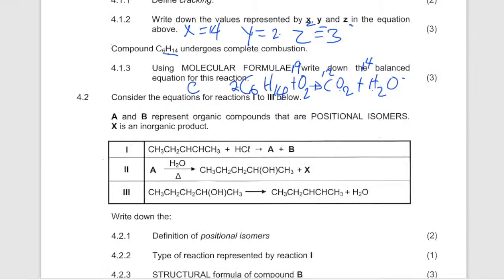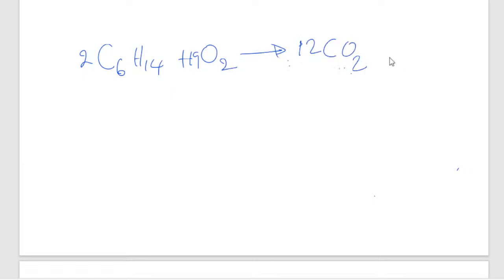That is, 2 C6H14 plus 19 oxygen gives you 12 carbon dioxide plus 14 water.